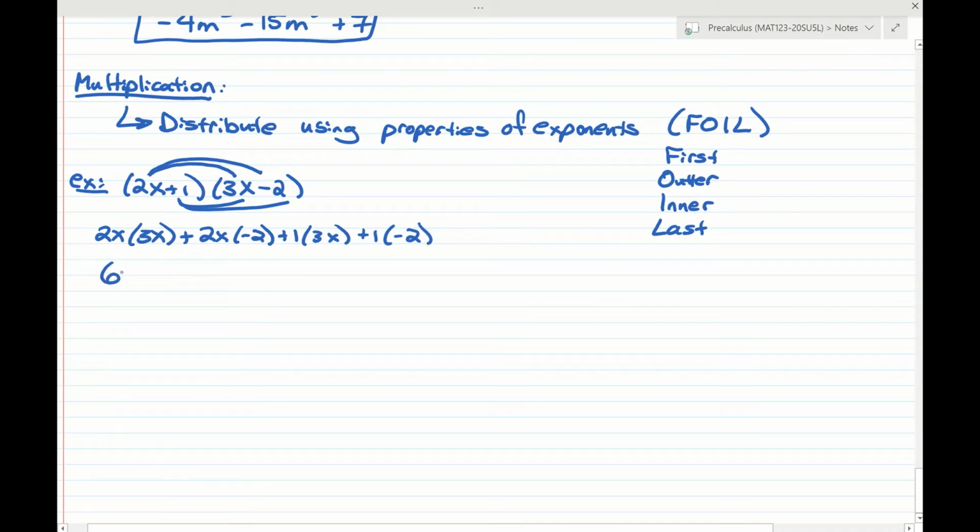Well, 2 times 3 is 6, but x times x is really x to the second. Minus 4x plus 3x minus 2. Combining our like terms would be 6x squared minus x minus 2.